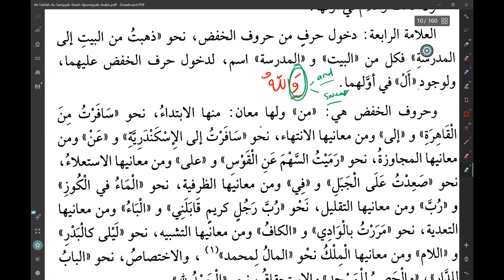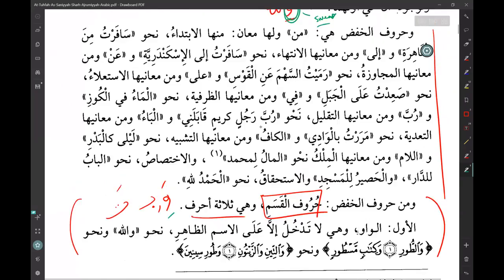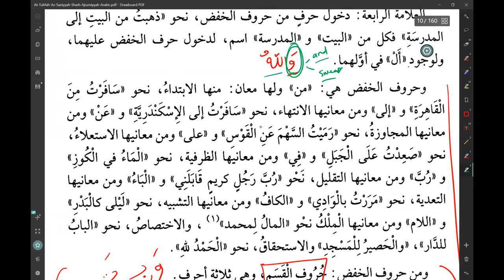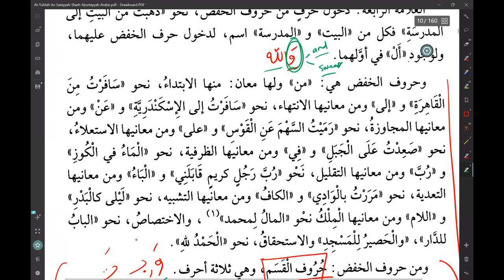How do we know which one? If it comes for swearing or taking an oath, then what's gonna happen to this word? It will become majrur. It will get a kasra. You guys with me? So when we swear by Allah, we cannot say wallahu.